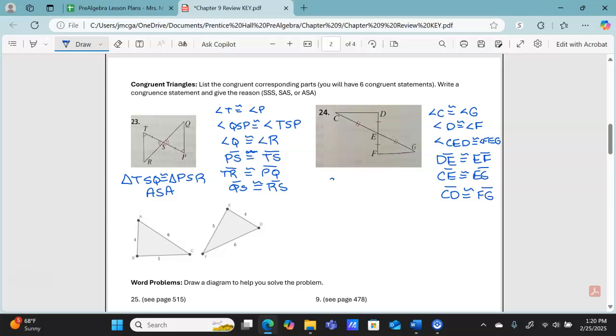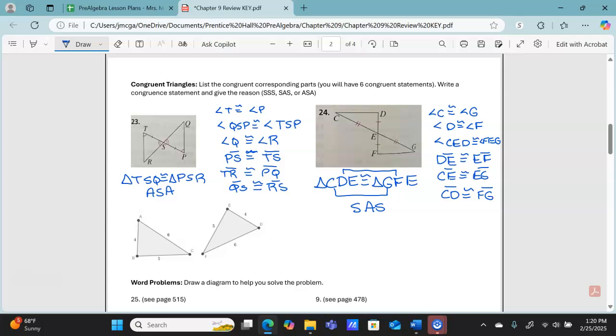And so we have C going with G, D and F being congruent, and then E being congruent. And again, your order of the three letters can be different as long as the C and G are in the same place, the D and F are in the same place, and the E's are in the same place. And this, we could prove was congruent by side angle side.